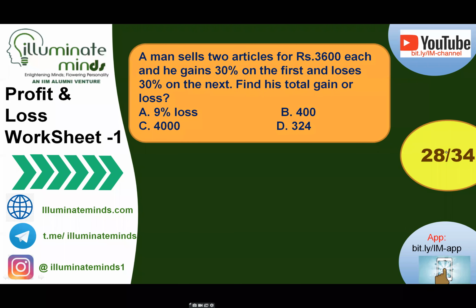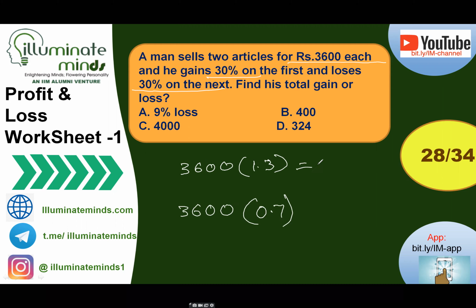A man sells 2 articles for rupees 3600 each. He gains 30% on one and loses 30% on the next. Find his total gain or loss percentage. No problems. This time I will calculate 3600 into 1.3 because this is selling. 3600 into 0.7 I will do.